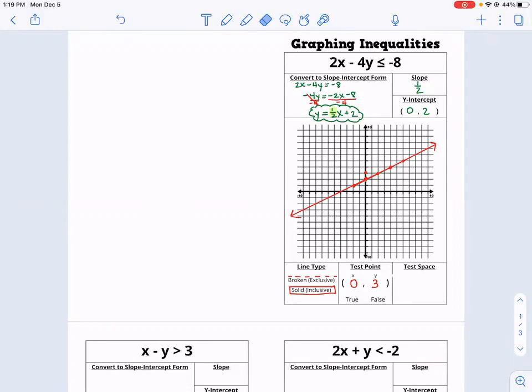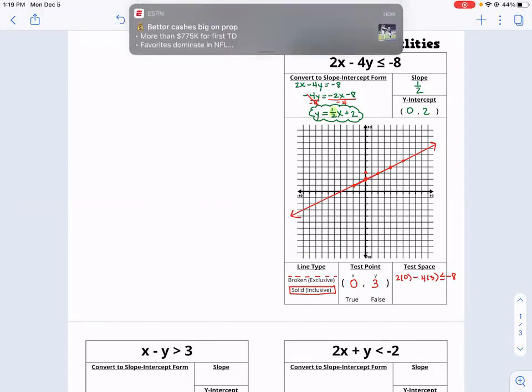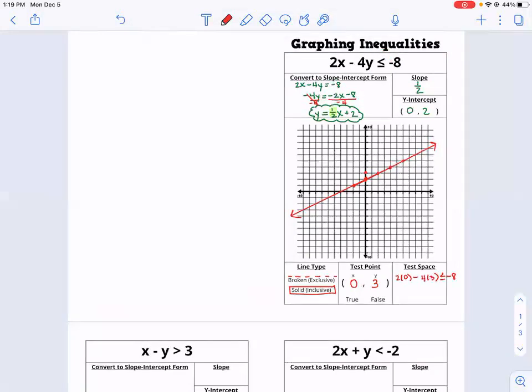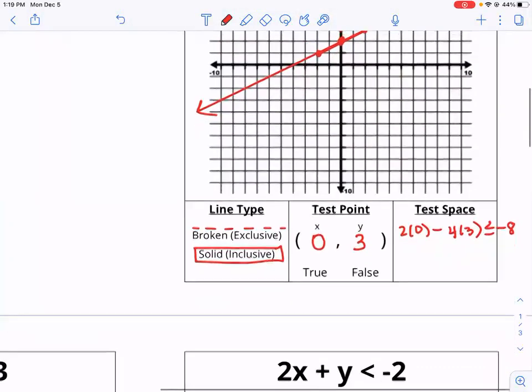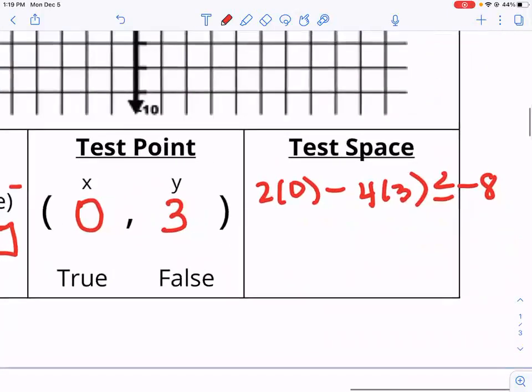Is 2 times 0 minus 4 times 3 less than or equal to -8? I'm coming up to this inequality right here and I'm plugging in our point. So is 0 minus 12 less than or equal to -8?